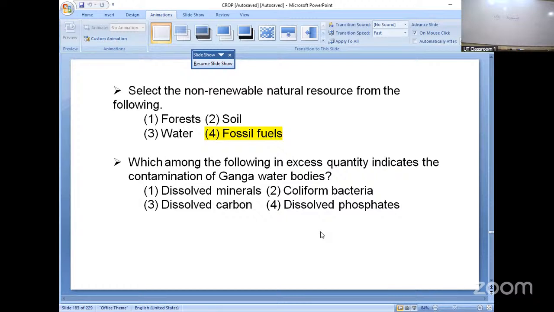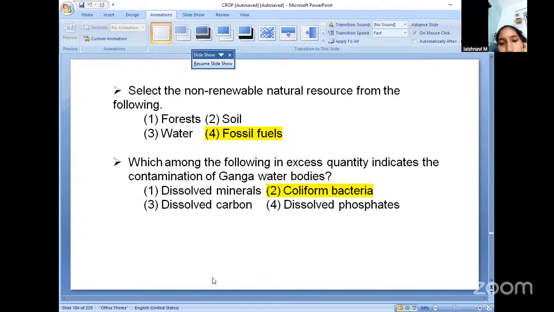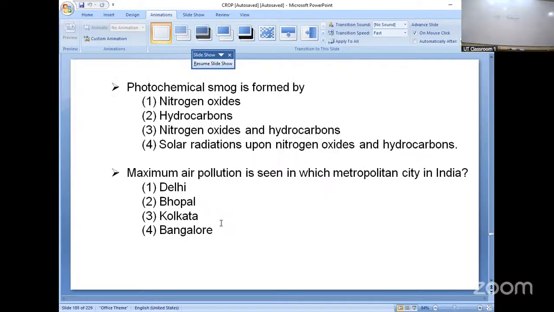Coliform bacteria contaminates Ganga water bodies. Minerals are also found but they don't contaminate, whereas bacteria contaminates the water.